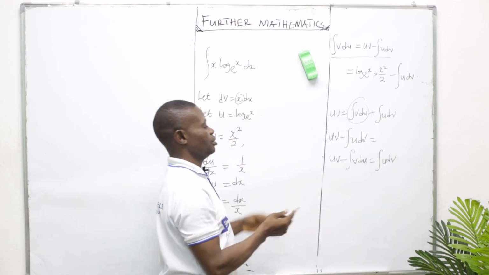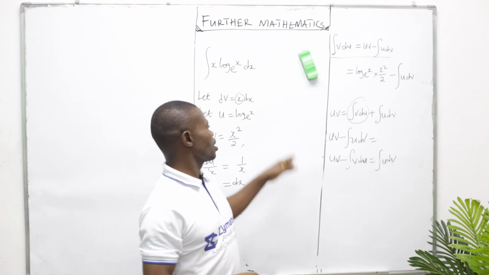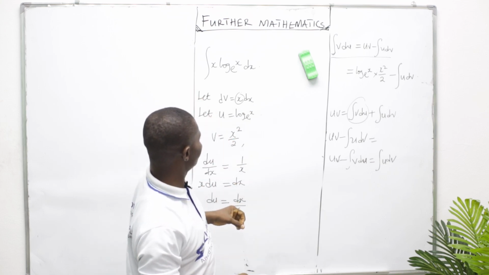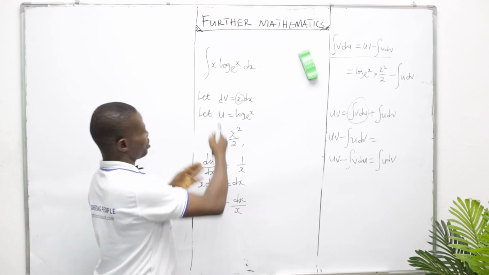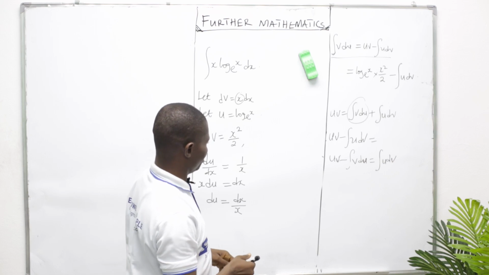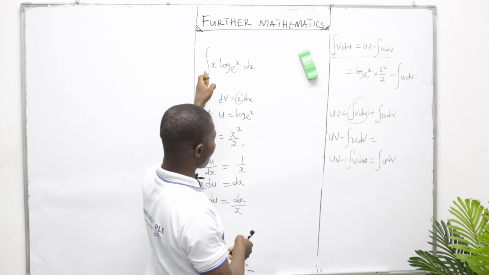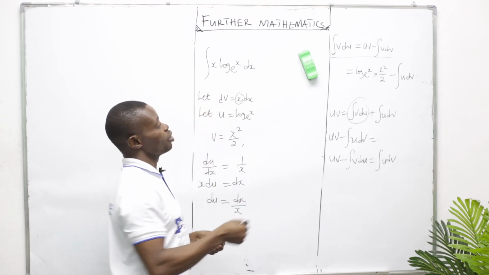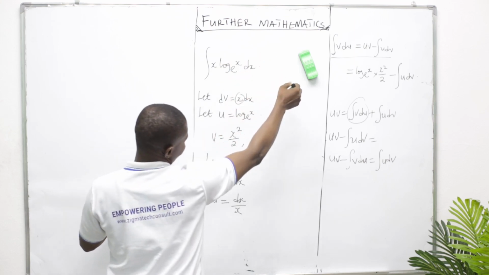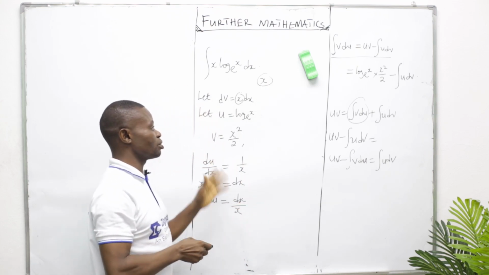So it depends on the nature of the question you are solving. If you are dealing with a trig function, our dv cannot be the first one; it's going to take the second place. But for a logarithmic function, dv takes the one that you can integrate easily. Because if I want to integrate log x, it's a problem, but it's easy to integrate x. So you consider this while you solve.